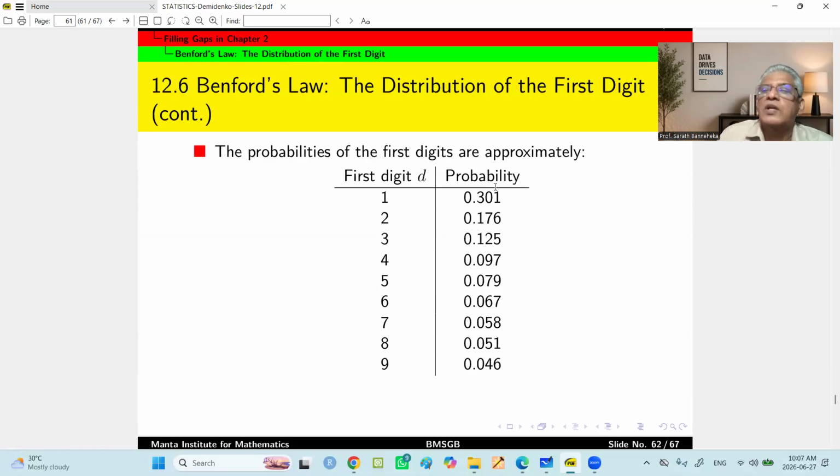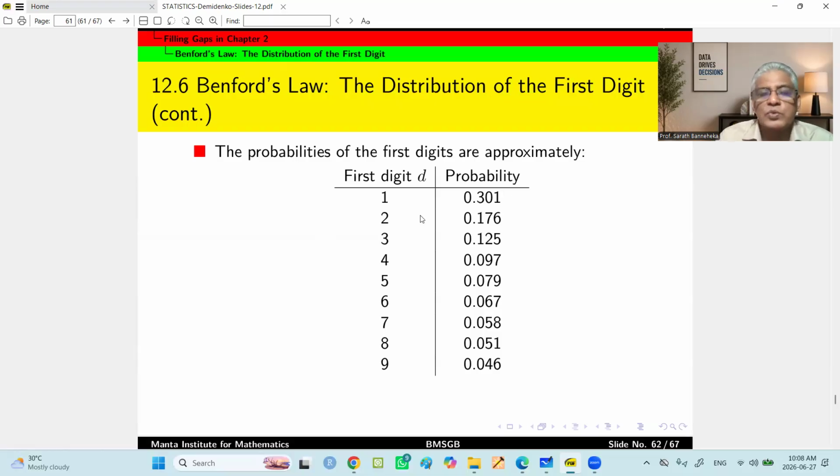That means if you randomly select a number from a set of positive numbers, about 30% of those numbers start with one, right? Approximately 17% of them have two as the first significant digit, right? That's what we see according to Benford's law.